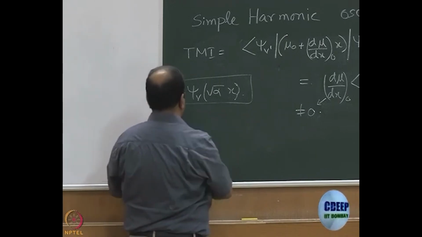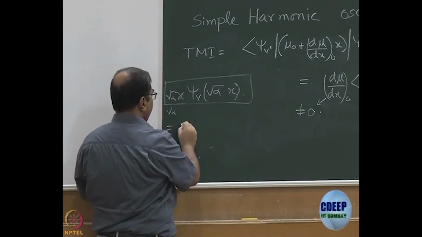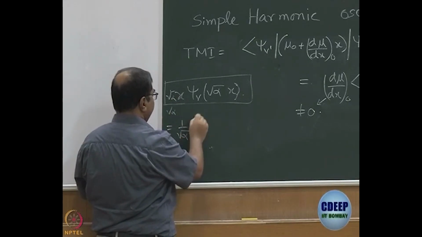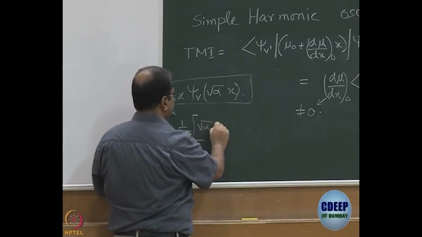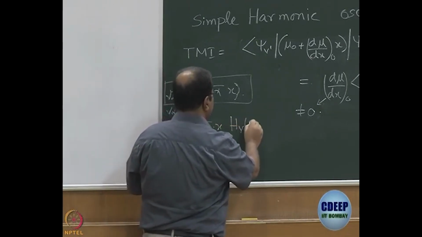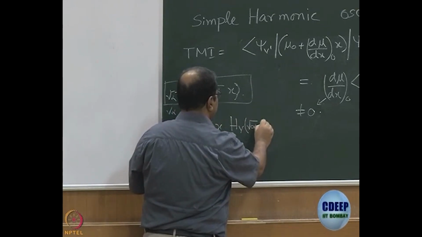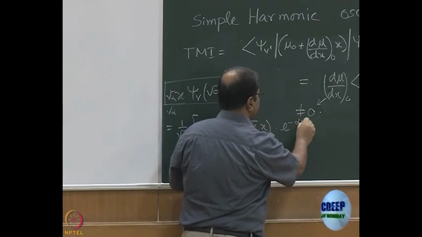Let me do one more step. This is equal to 1 by root over alpha multiplied by root over alpha x multiplied by this Hermite polynomial H v in root over alpha x multiplied by e to the power minus alpha x square by 2.